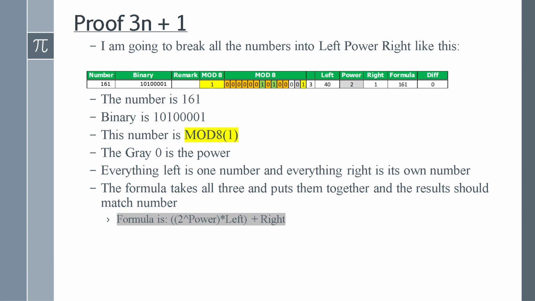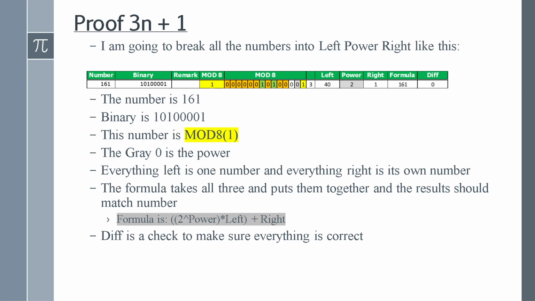So if I take 2 times 2 is 4. 4 times 40 is 160 plus 1 is 161. So the formula takes the 2 numbers and puts them back together and verifies that it matches the number that we're looking at.